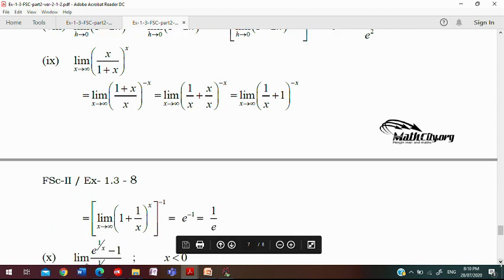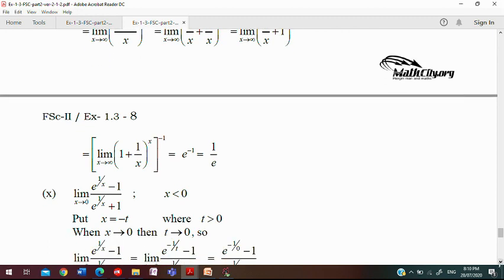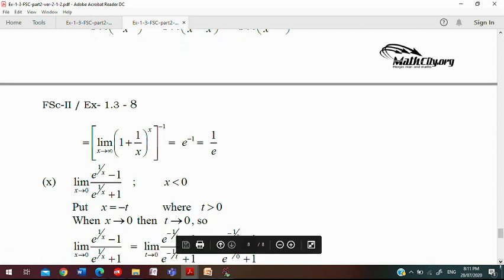You rearrange this term: limit x approaches 0, (1 plus 1 by x) to the power x. The minus sign was extra, so we have taken the minus sign outside and applied the statement of the theorem. We get 1 by exponent. This is the last part of our question. We have done the same.